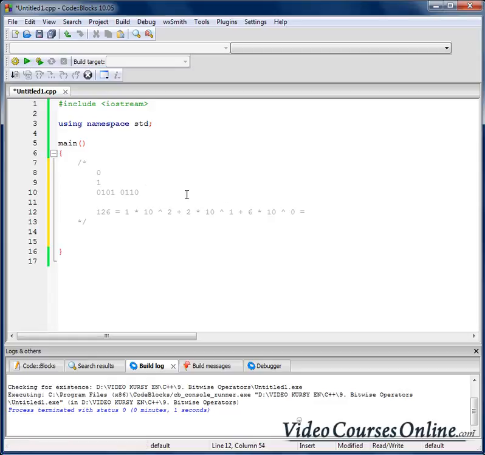As you can see, that thing here is equal to 100, that thing here is equal to 20, and that thing here is equal to 6, because 10 raised to the power of 0 is 1, right? So 1 multiplied by 6 is 6.